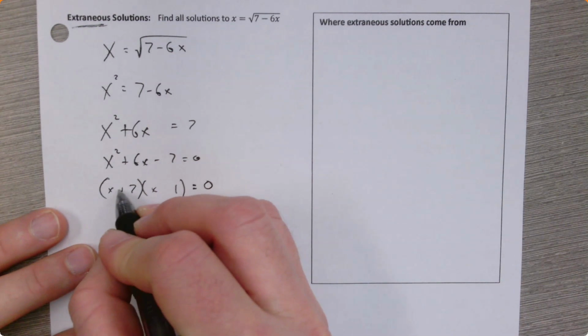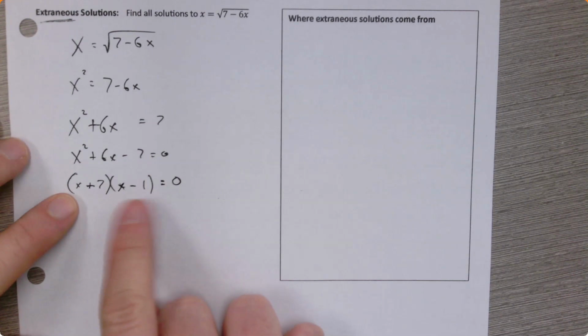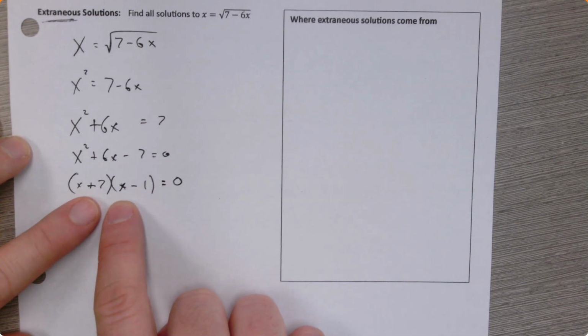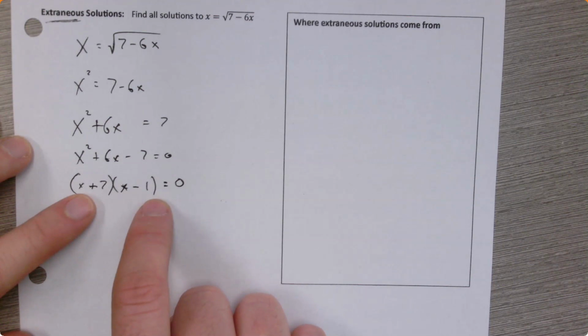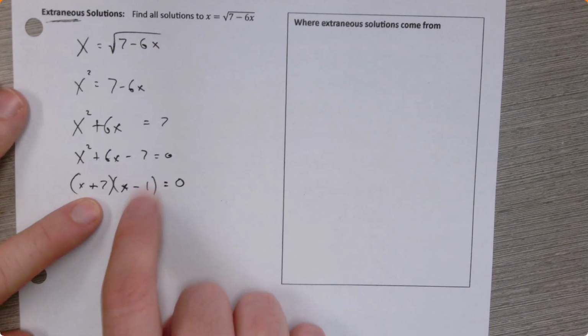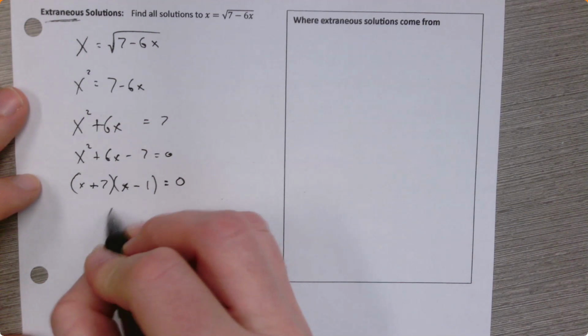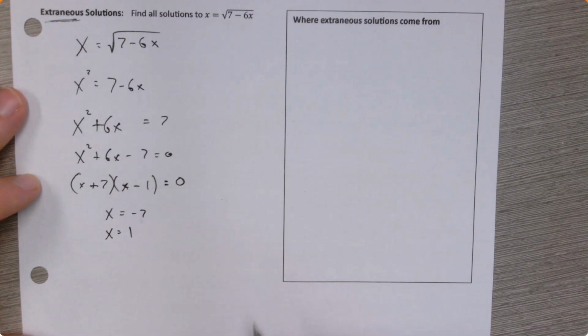If I add 7 and subtract 1, now when I multiply it out, I'll have subtracting 1, adding 7 is positive 6, because the positive is attached to the 7, and then I'll subtract 1 from there. And when I multiply those two, the negative 7 ends up negative. Okay, so that implies that x is negative 7 or x is 1.